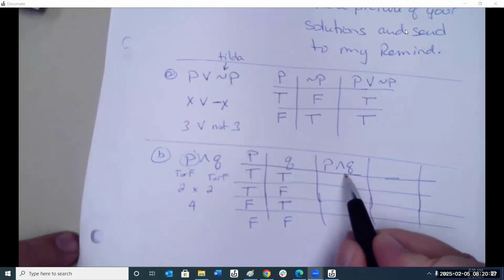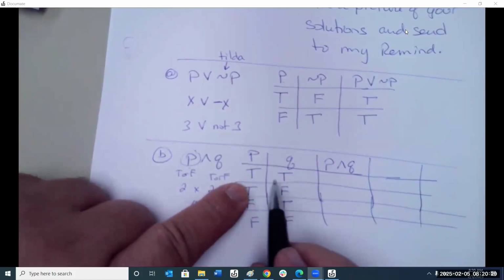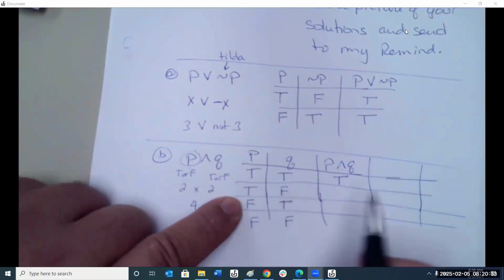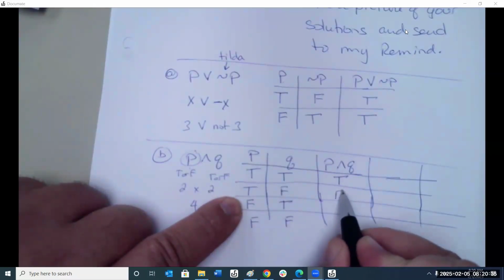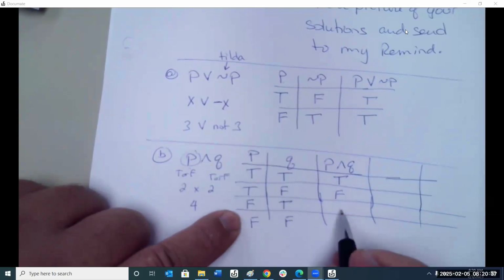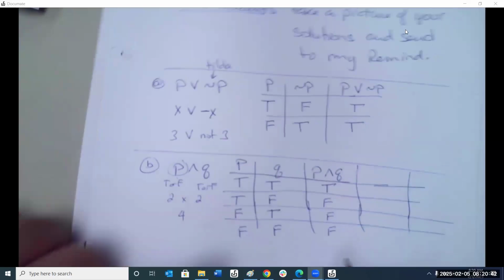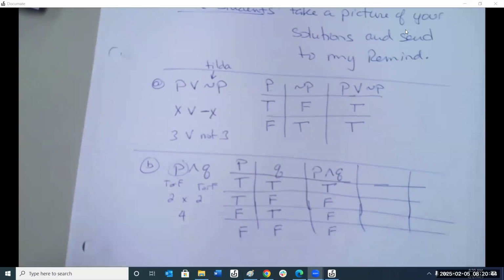So, if it's true and true, true. True and false, false. False and true, false. False and false, false. Why are these false? What picture did we use? The cylinder, yes.